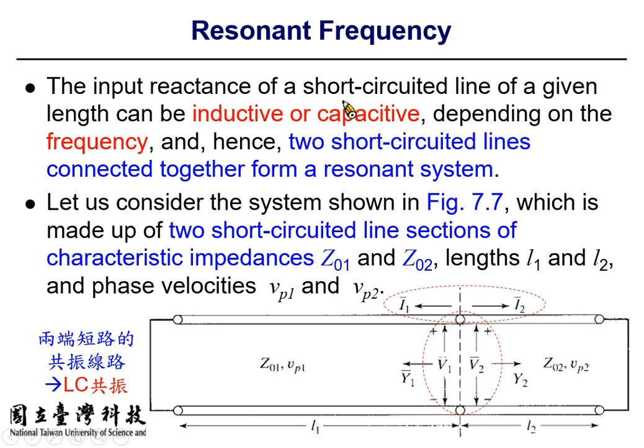So you can change the length of the short circuit line so that it can behave as an inductive load or a capacitive load. And you all know that to create a resonance, the simplest way is to connect an inductor with a capacitor. We refer to it as the LC resonance, right?